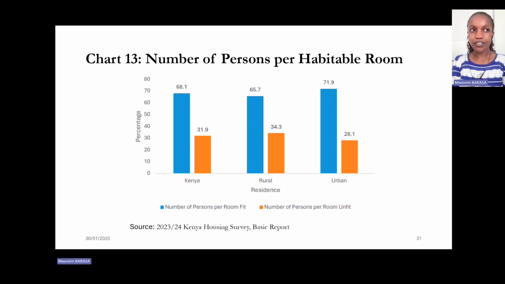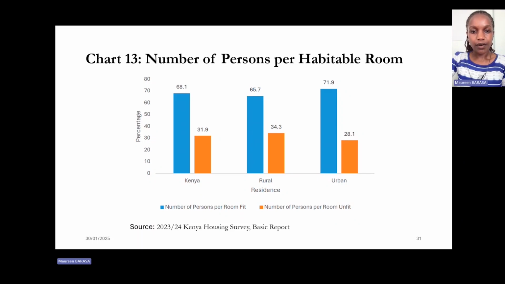And the fit and unfit for habitation is explained in the report, where a household is considered fit or unfit. So if you go read the report, you'll understand why a household is categorized as fit or unfit for habitation. Maybe it's the electricity, the water, the sanitation, the wall structure, the roofing, the floor, among other things.